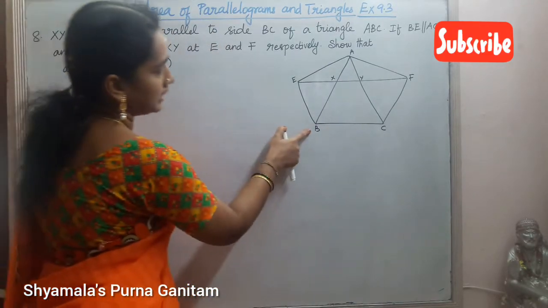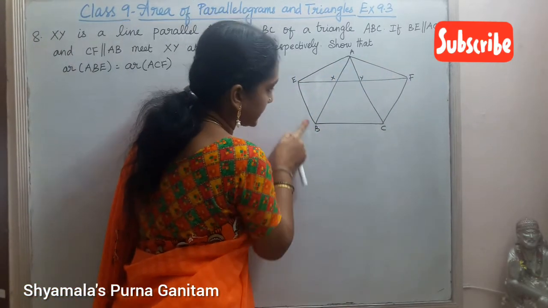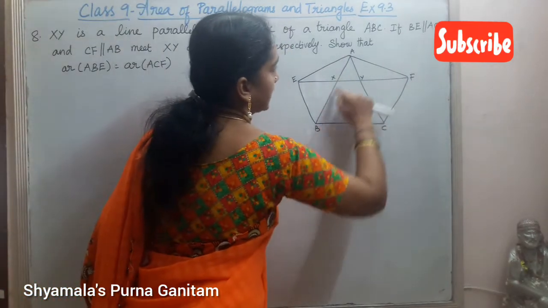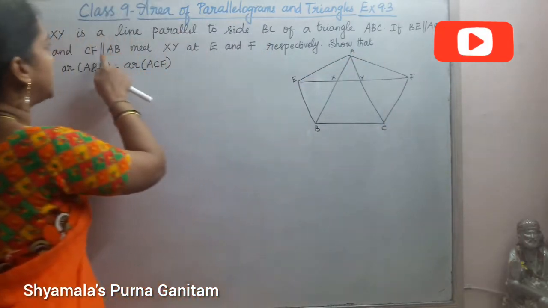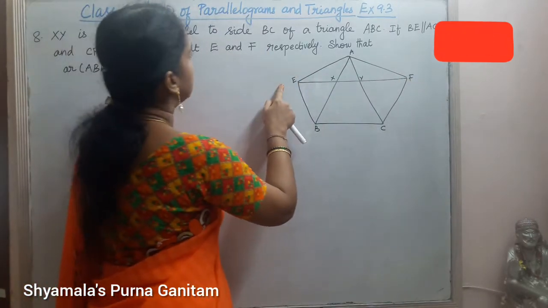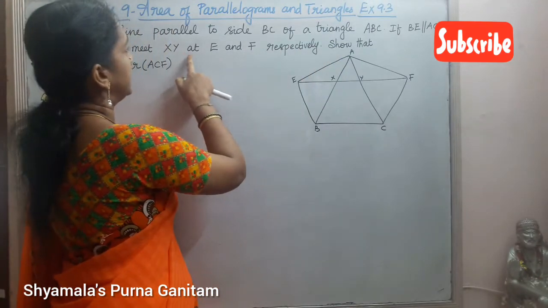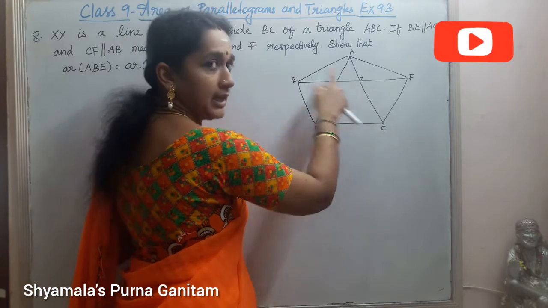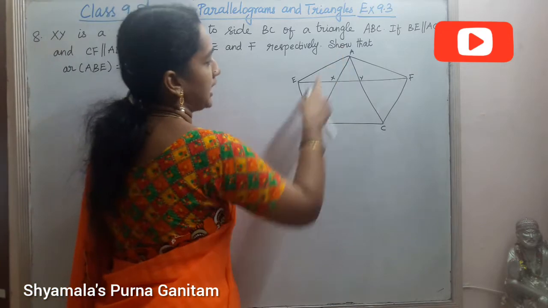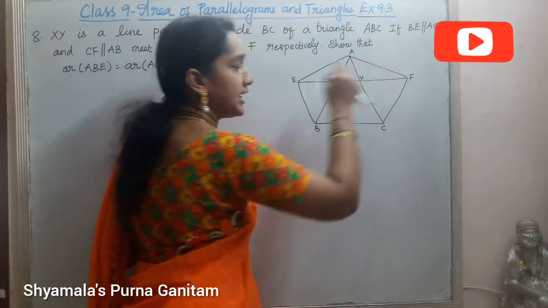If BE is parallel to AC and CF is parallel to AB, meeting XY at E and F respectively, show that area of ABE, that is this triangle, is equal to area of triangle ACF.